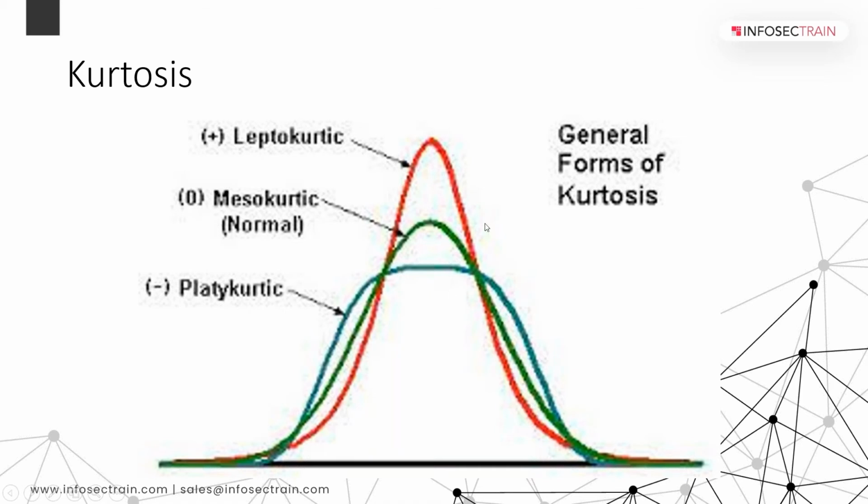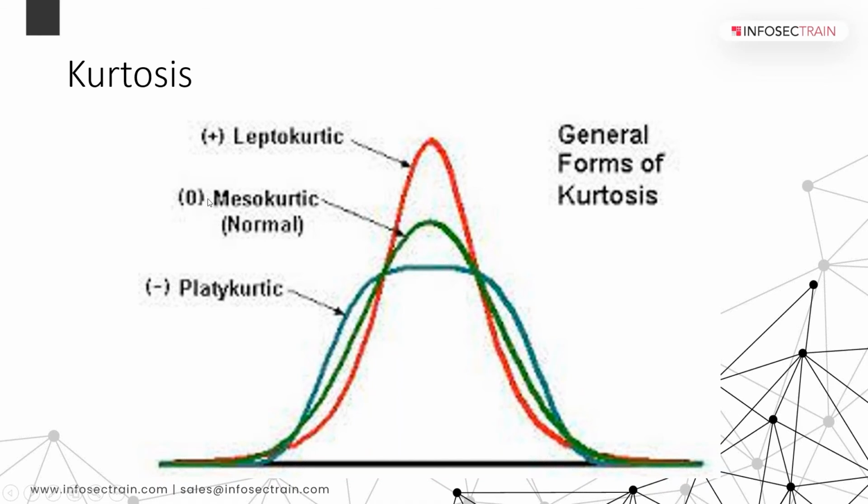Then kurtosis. With the help of kurtosis, you can easily find the spread of the distribution. Okay, so there are also three different kinds of kurtosis. First is leptokurtic, mesokurtic, and platykurtic. Leptokurtic means we have thin tails of a data distribution curve, like this red one.